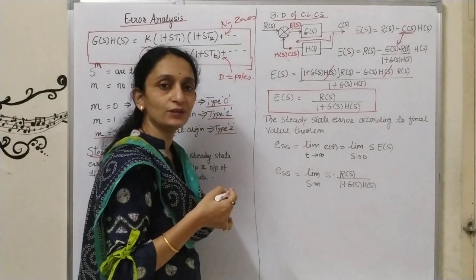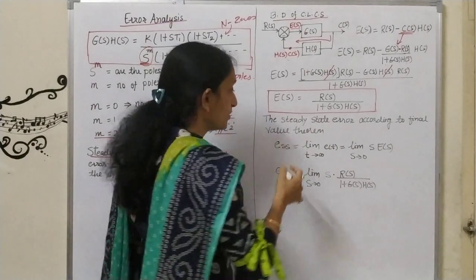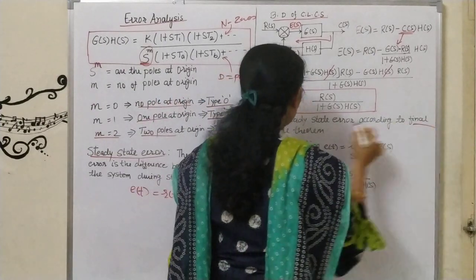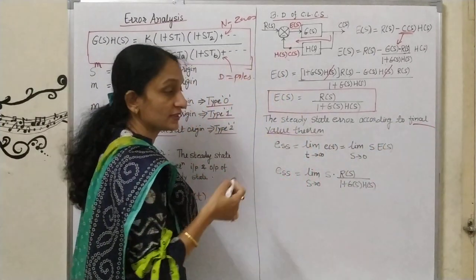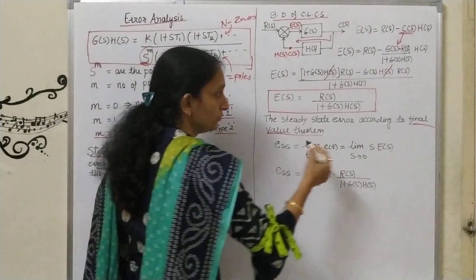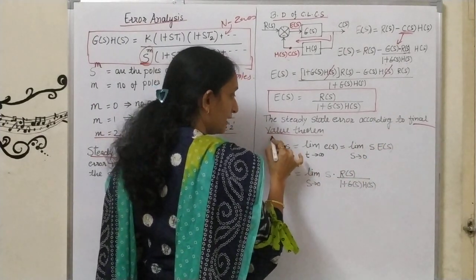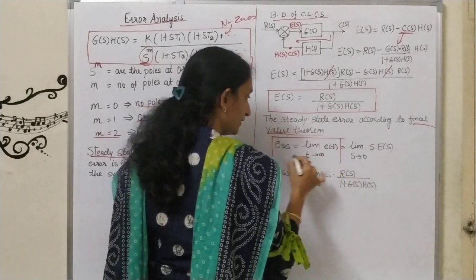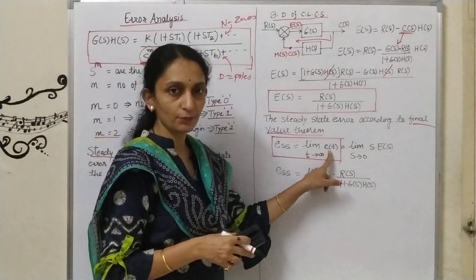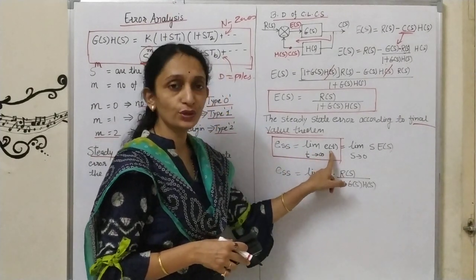Now we are talking about only error, so we will introduce the new term, steady state error. Steady state error according to the final value theorem. We have studied the initial value theorem and final value theorem in network functions. The final value theorem is given by steady state error ESS is equal to limit t tends to infinity of e(t).